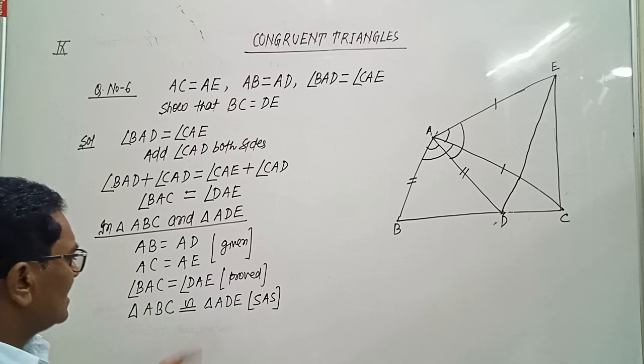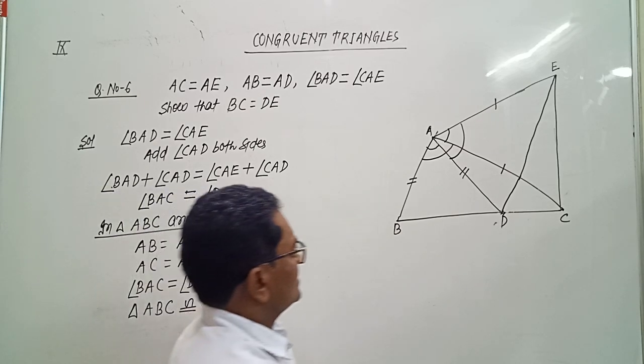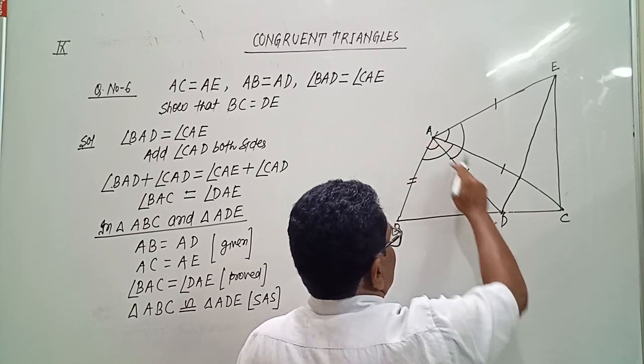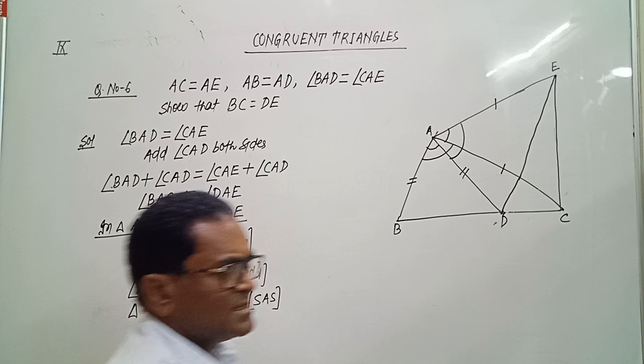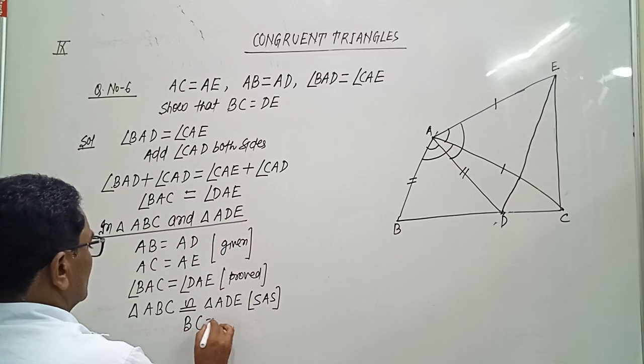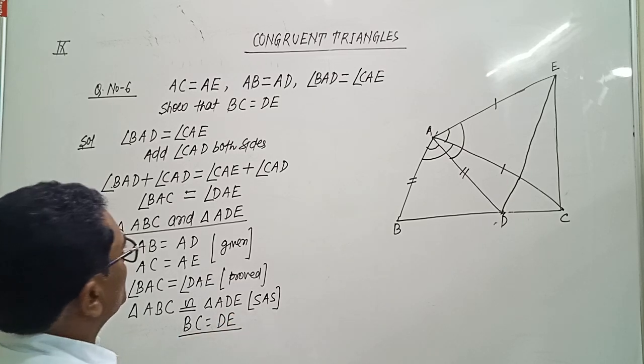Since the triangles are congruent, by CPCT we can write that BC equals DE. This proves the theorem.